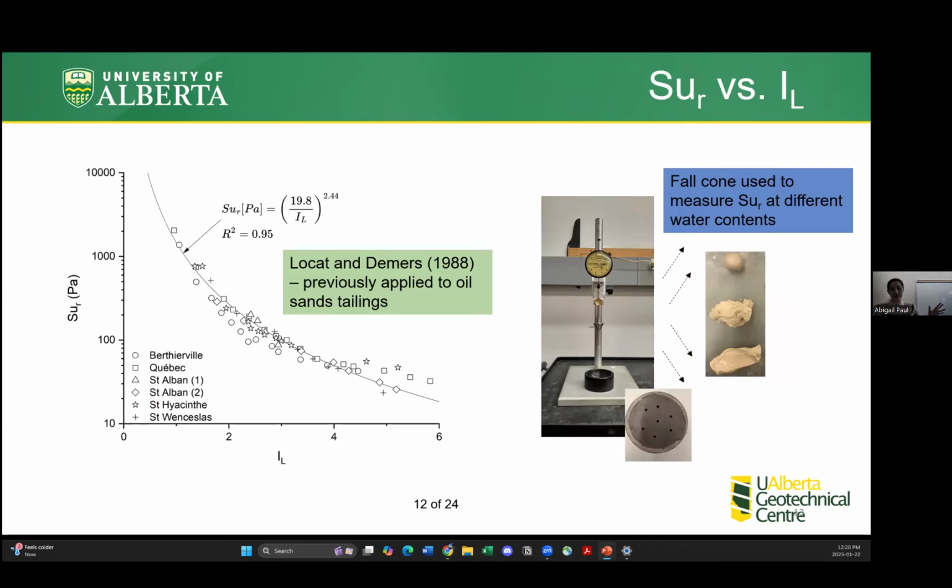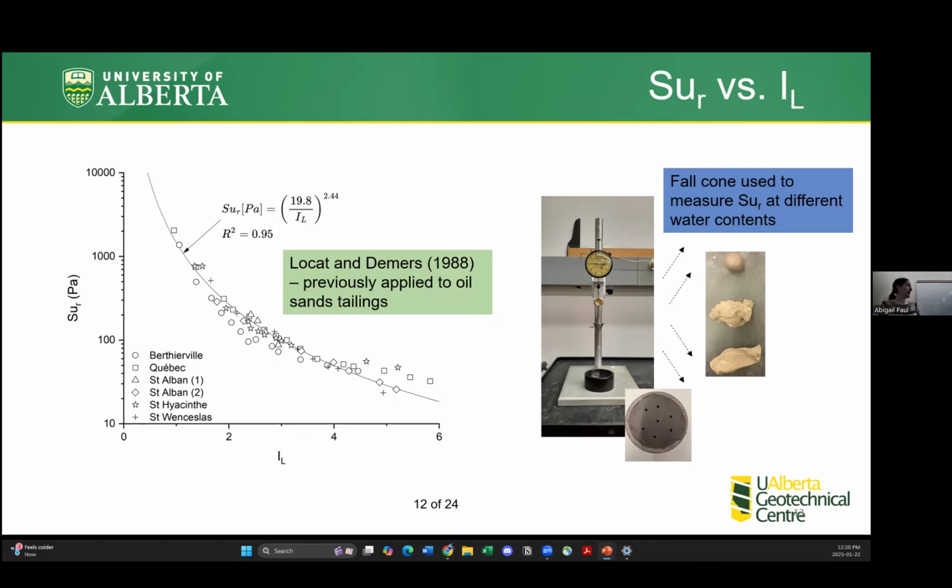Locat and Demers developed a correlation for sensitive clays in Quebec, and this was previously applied to oil sands tailings. However, there are a couple of problems with applying this relationship to tailings. The first is that this relationship was developed for sensitive clays in Quebec. So not exactly oil sands tailings in Alberta, but you could make the argument that they're similar.